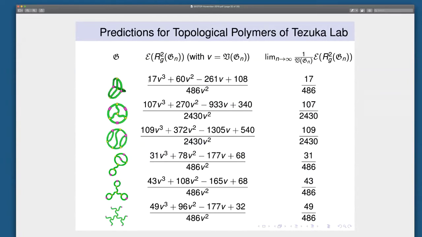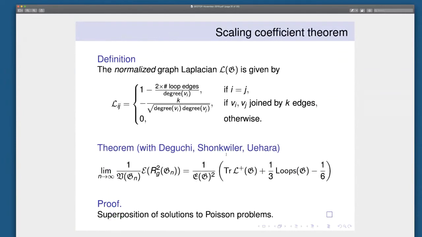So the limit should be this magic number, 17 over 486, which, as it turns out, is exactly what you get when you compute this formula, finding the normalized graph Laplacian, computing its pseudo-inverse and the trace of that, and so forth.